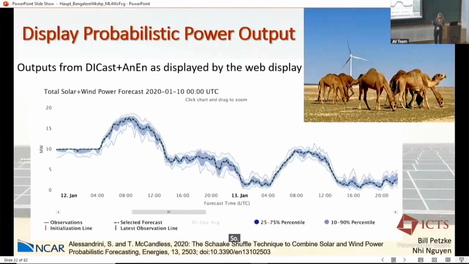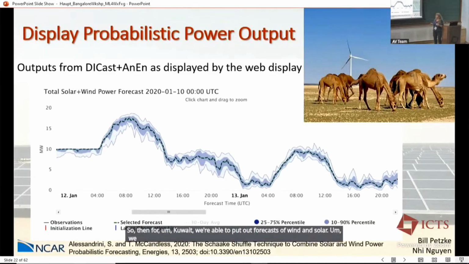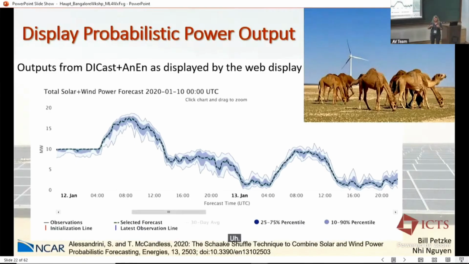So then for Kuwait, we're able to put out forecasts of wind and solar. We combine the probabilities with a technique called the Schaake shuffle, which basically reorders. You can't just add probabilities of wind and solar.